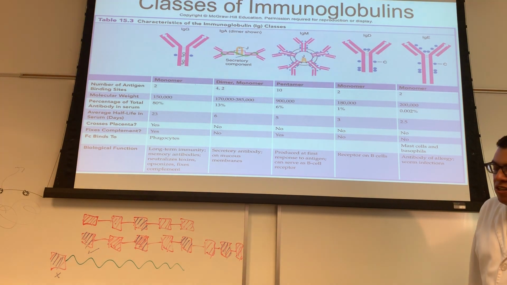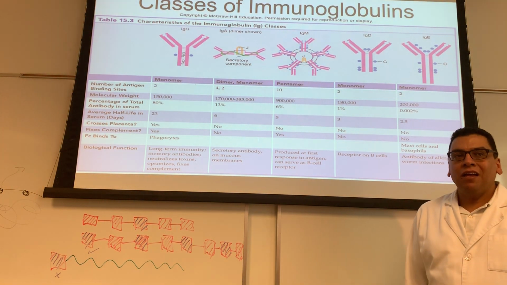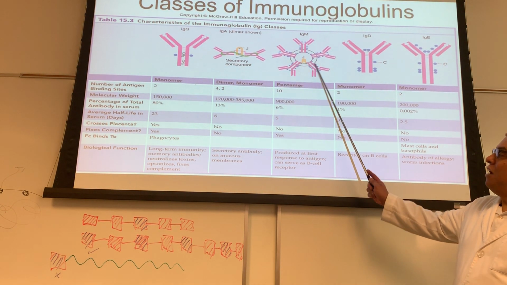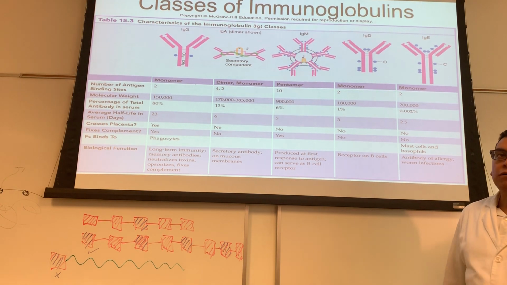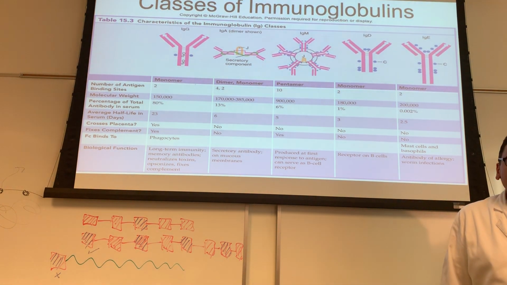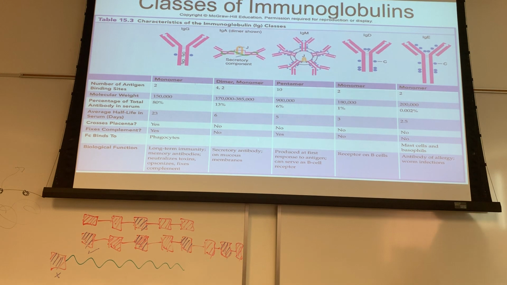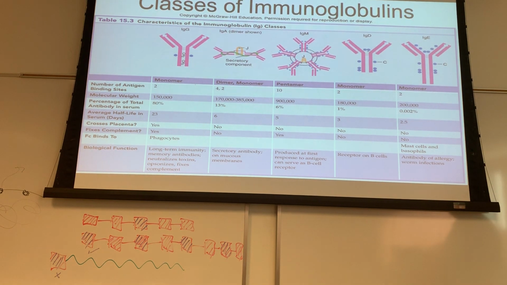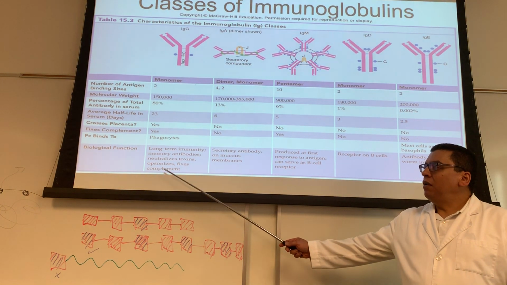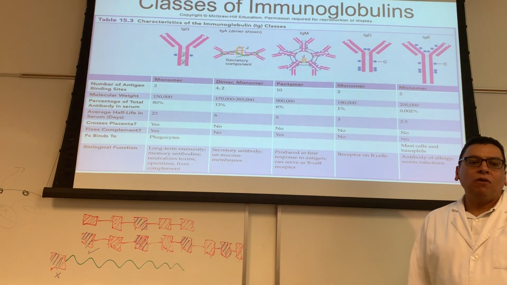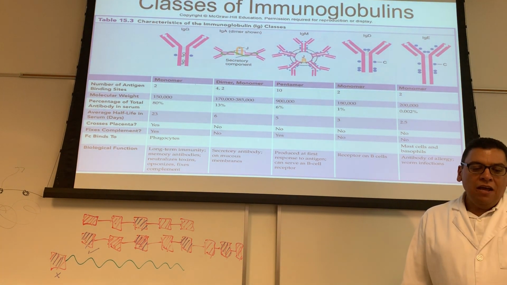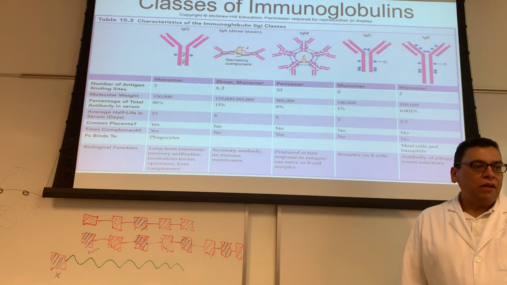When you first contract something, you will always be producing IgM first. Your first line of attack is an IgM antibody. But your long-term immunity is IgG. So sometimes the doctor will order an antibody test against something.